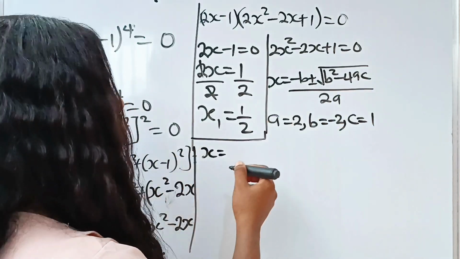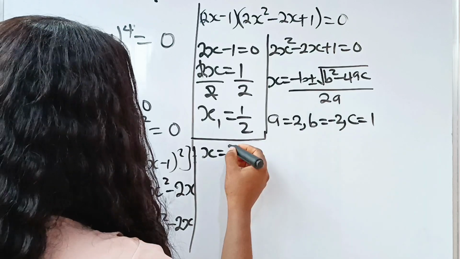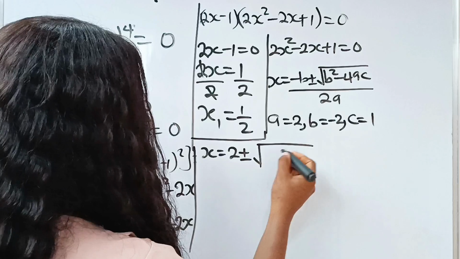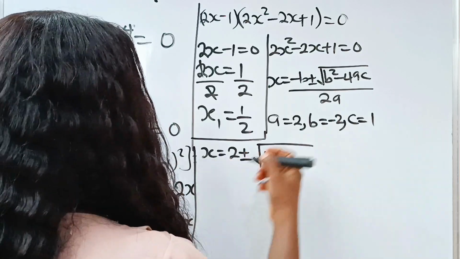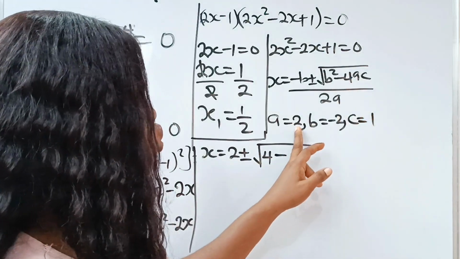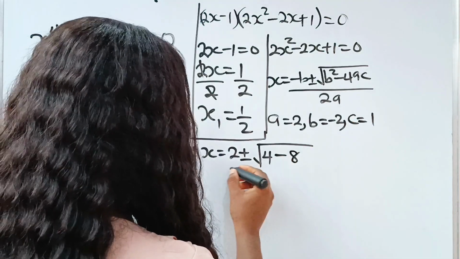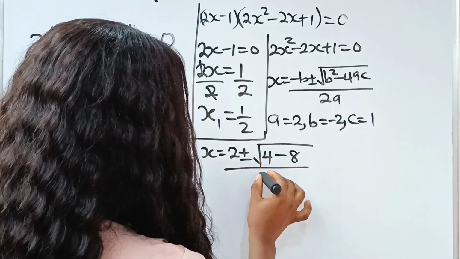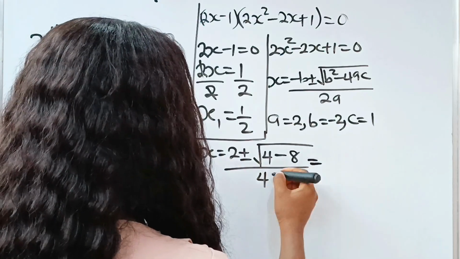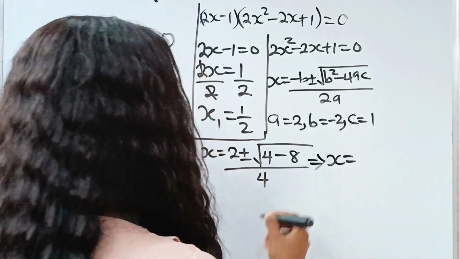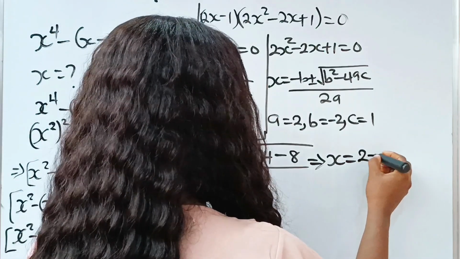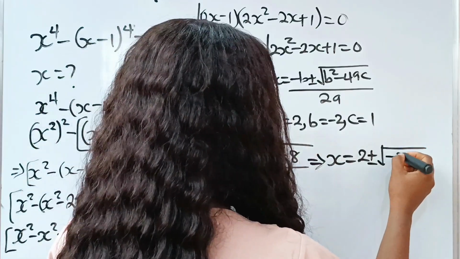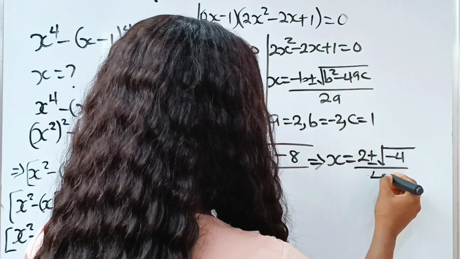Let's substitute these values into this place. So our x will be equal to minus b, that is minus 2, which is plus 2, plus or minus square root of b squared, that is minus 2 squared, which is 4, minus 4ac, 4 times 2 times 1, which is 8, divided by 2 times a, that is 2 times 2, which will give us 4. Now this implies that x is equal to 2 plus or minus square root of 4 minus 8 will give you minus 4 divided by 4.